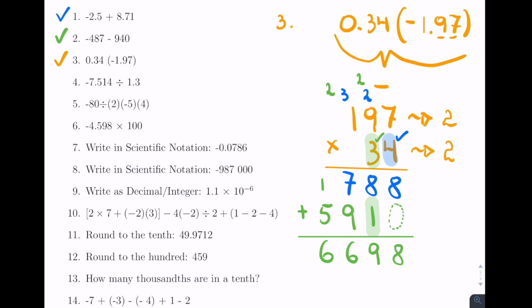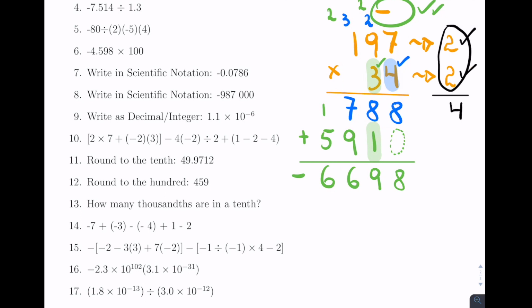I know my answer is negative, and now I have to come back and remember that I had 2 decimal places in the first number and 2 decimal places in the second, which means in total I have 4 decimal places.